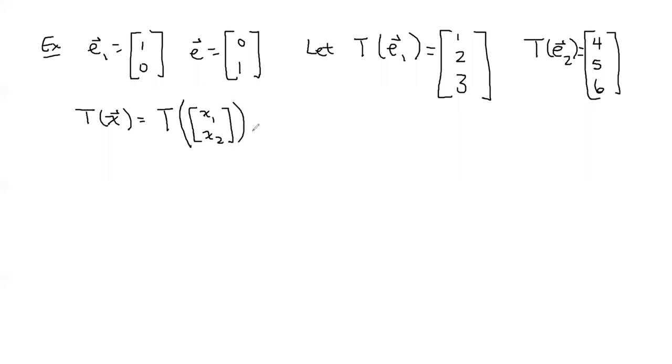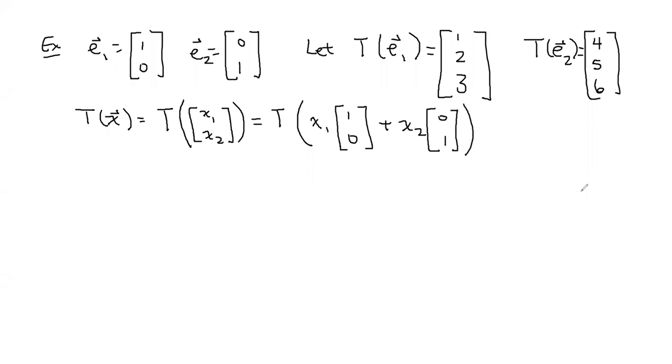And the key that we're going to use here is that we can decompose this into a linear combination of our basis vectors. So any vector (x1, x2) can be written as x1 times our first basis vector plus x2 times our second.